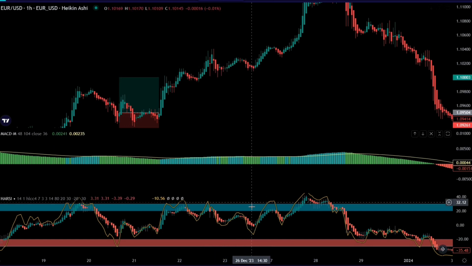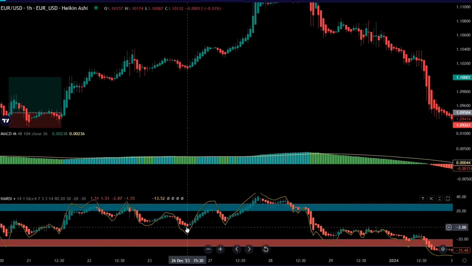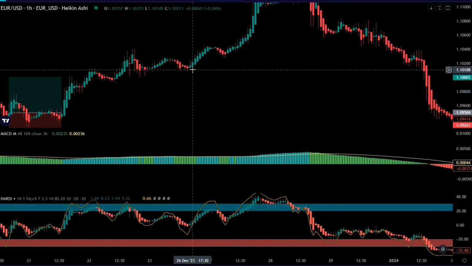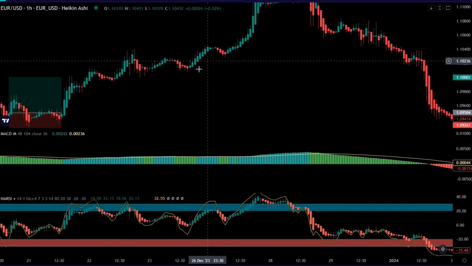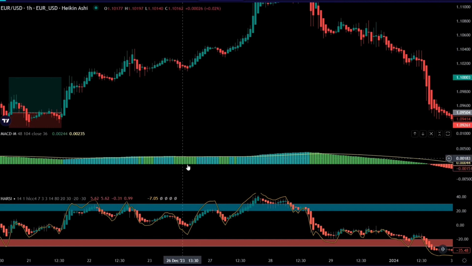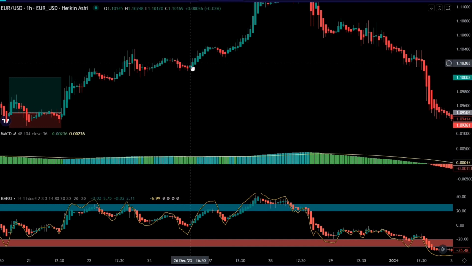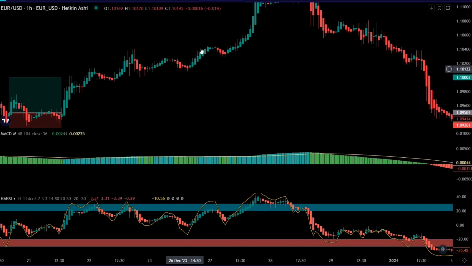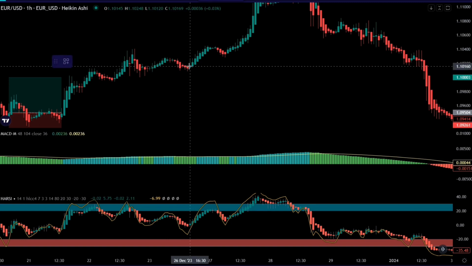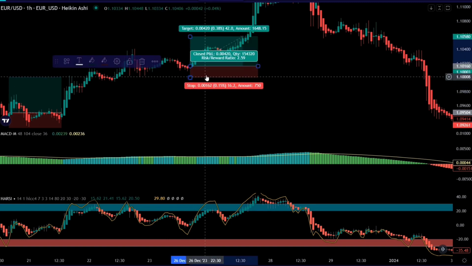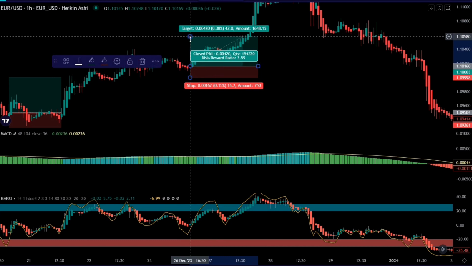You have a divergence, and the Heikin changed to green, and you can start a long position here because the MACD is green, and this is also a best signal for risk reward ratio 2.